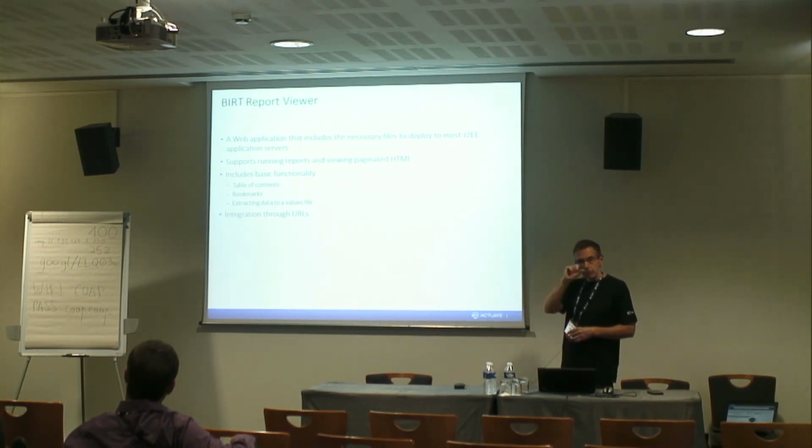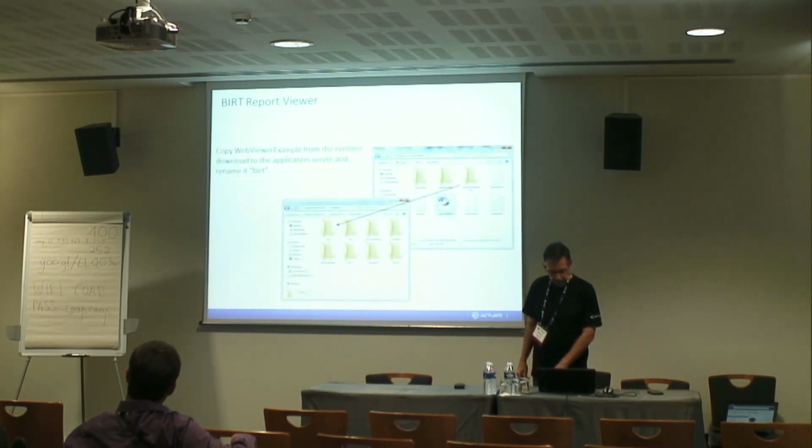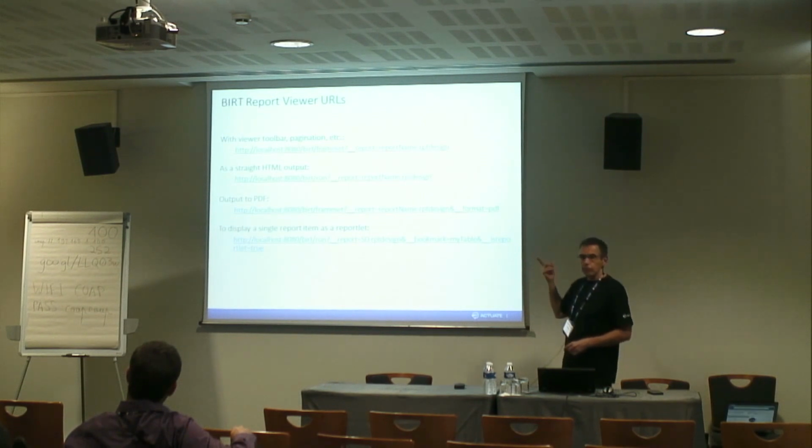It has a navigation toolbar and will display the report. It supports running reports and viewing paginated HTML. It has a table of contents, the concept of bookmarks, etc. You just install it onto your application server, and then you use report viewer URLs in order to see the reports.